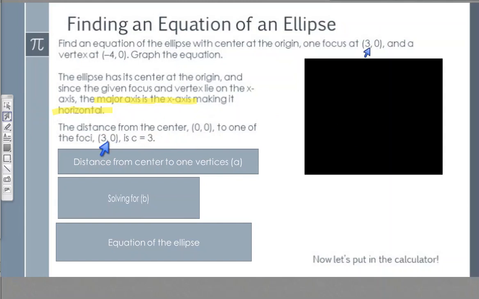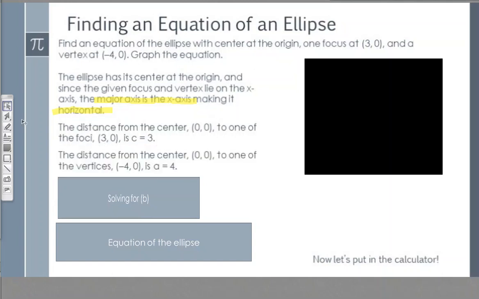Remember, your distance is always positive, so my C value is going to be 3. Now let's find the A value. That's the distance from the center to one of the vertices. They gave us the vertex at (-4, 0). Going from the origin to -4 is 4 positive units, so my A value is 4.